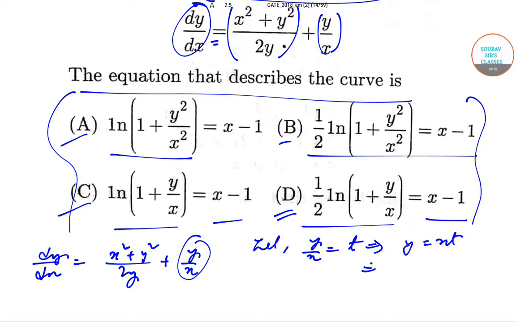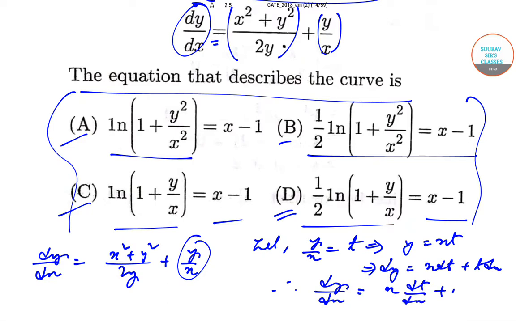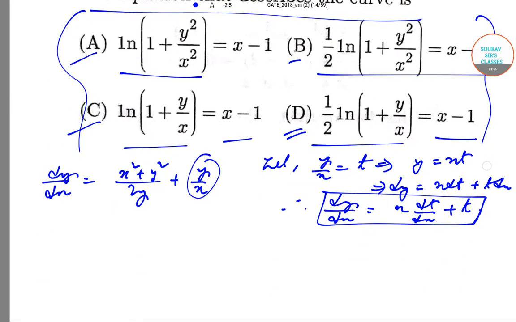Now if we differentiate, this will give us dy is equal to x dt plus t dx, and ultimately dy by dx is equal to x dt by dx plus t. This is dy by dx when we have directly differentiated.